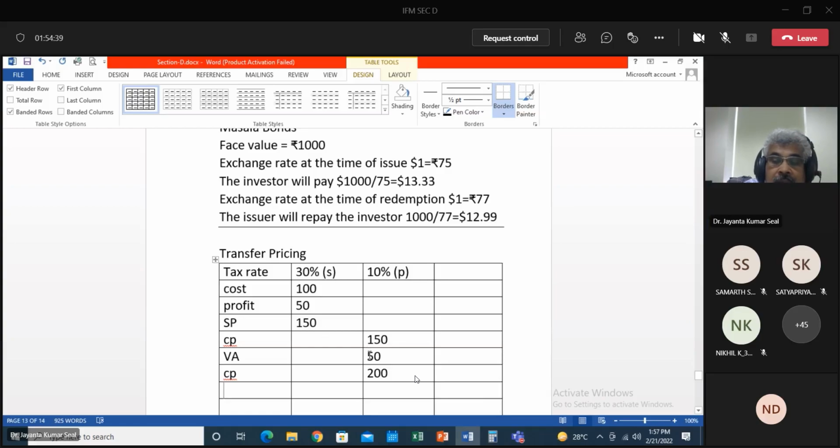Now value addition, so make it 30. Cost price 180. Profit 50. Selling price 230.